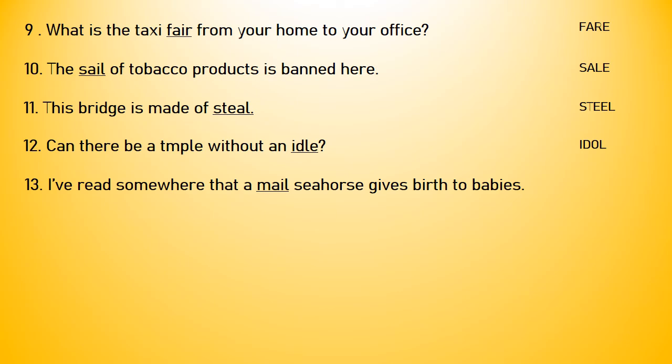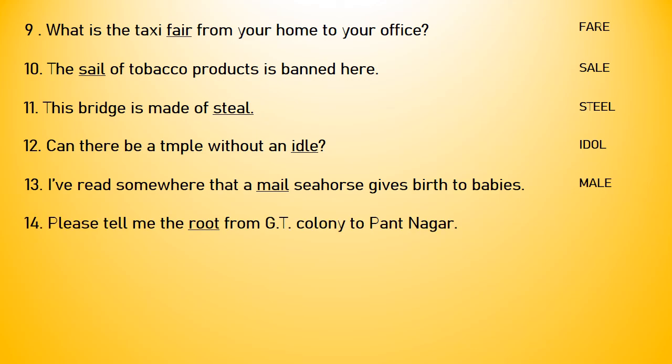I have read somewhere that a male, MAIL, male seahorse gives birth to babies. So the right answer should be MALE, because MAIL means the system for collecting and sending letters. So the correct answer should be MALE, male seahorse gives birth to babies.